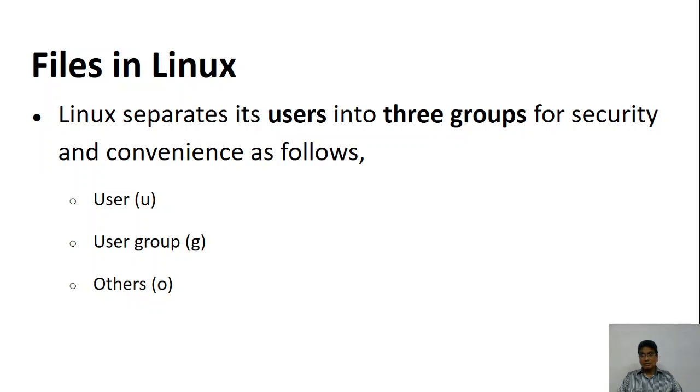So three categories are there: user, then the group, which is all your friends, or if you are working in a company, all of them who belong to your department, or all of them who are working with you on the same project. And others means all the rest of the world, who are not connected to you but who can use it, so you don't trust them.